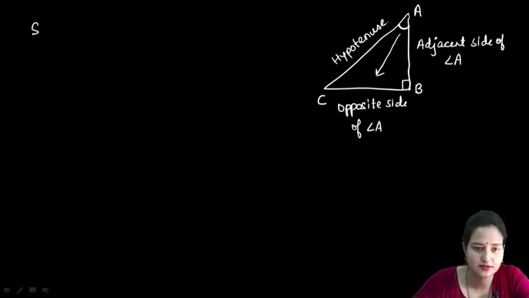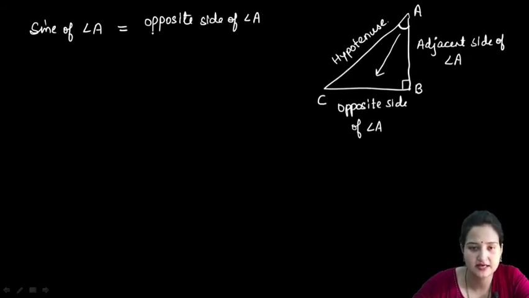For example, sine of angle A will be written same as the previous one, which will be opposite side of angle A upon hypotenuse.